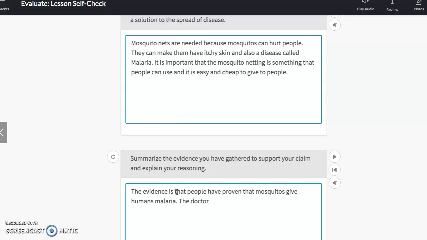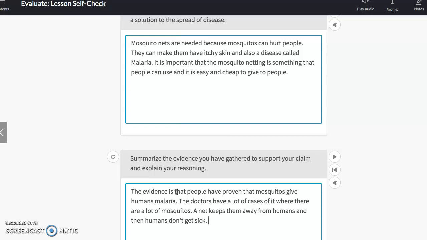The doctors have a lot of cases of it where there are a lot of mosquitoes. A net keeps them away from humans, and then humans don't get sick.